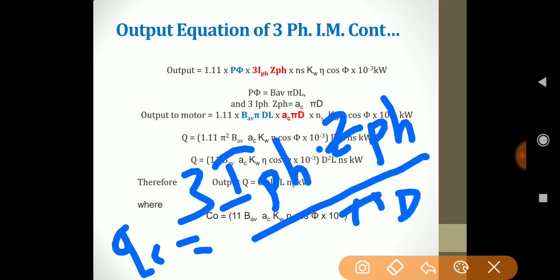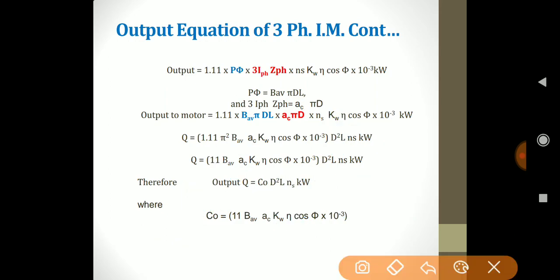So if I rearrange these terms, 3 IPH ZPH is equal to Ac into pi D. If you understood why I have rearranged these equations, then for phi P, I can write Bav pi D L, and for 3 IPH ZPH, I can write Ac into pi D. Putting those values in this equation, the output of the motor will be 1.11 Bav pi D L Ac pi D into Ns kW efficiency eta cos phi 10 raised to minus 3. Kilowatt is the unit.